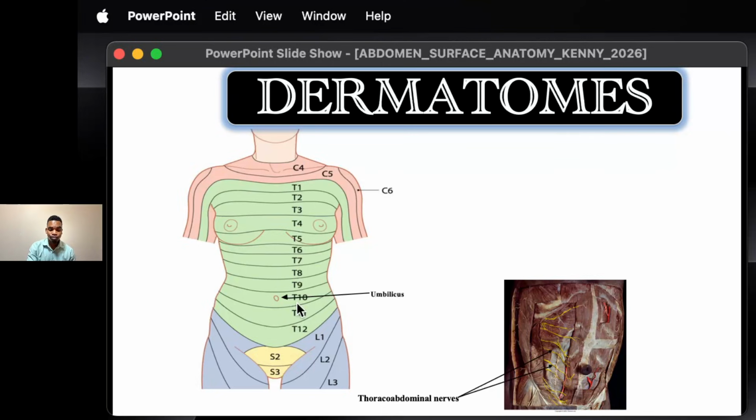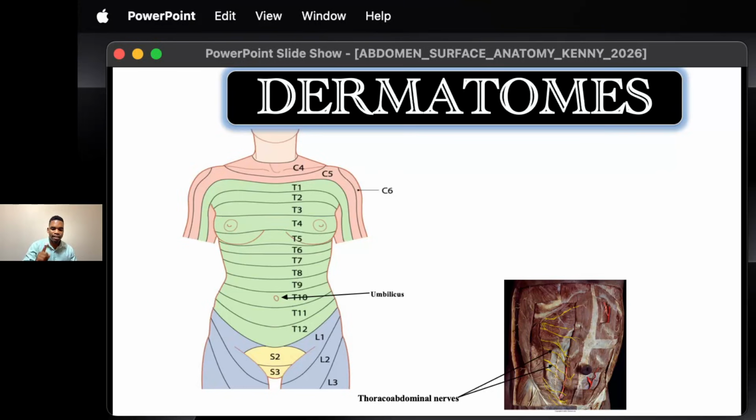Sometimes we have a virus infecting the nerve root in the spinal cord, and this will result in a shingles-like appearance in the dermatome supplied by that specific nerve and creates a belt-like appearance. This is what in Swahili people call mkanda wa jeshi, or the belt, because it supplies a specific belt-like region of the skin of the body, and this is what we call the dermatomes.